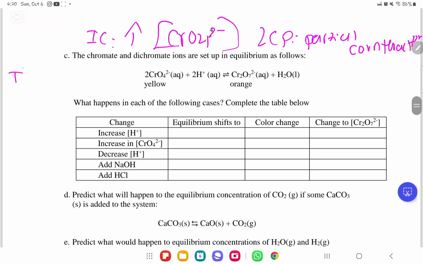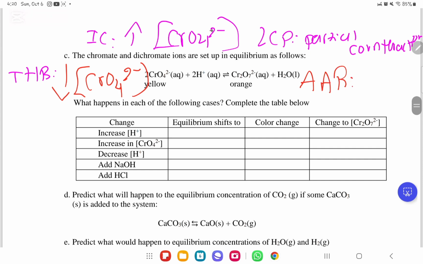How do we do this partial counteraction? We're going to do the total opposite of our imposed change. So we're going to decrease the concentration of CrO4 2-. And then as a result, since we're decreasing the concentration here, we will have to give the concentration to the products. So we are giving from the reactants to the products.